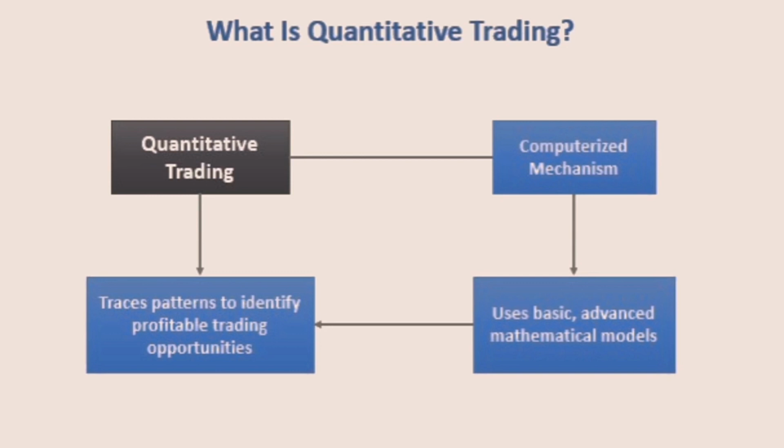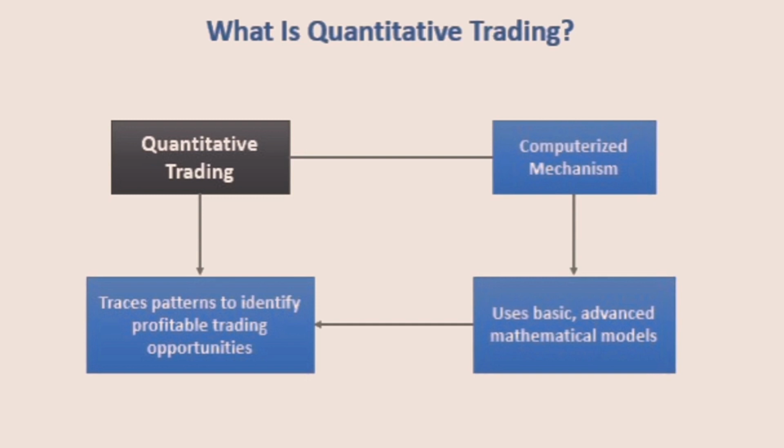Quantitative trading strategies rely on data analysis and statistical models, which can lead to more accurate predictions and potentially more profitable trades. These strategies can be customized and adapted to suit individual trading goals and risk tolerance levels.